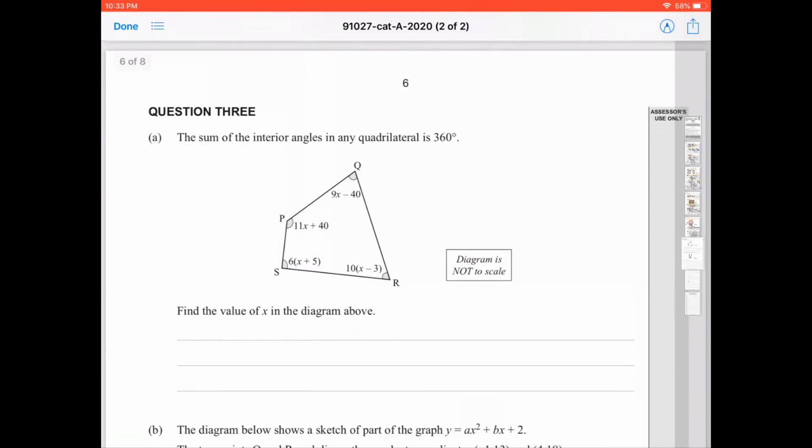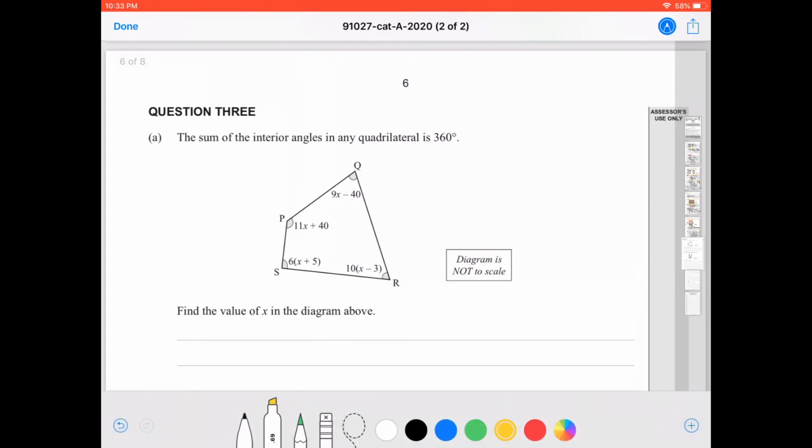Okay, question 3 now. It asks us to find the value of x. The sum of the interior angles in any quadrilateral is 360 degrees.